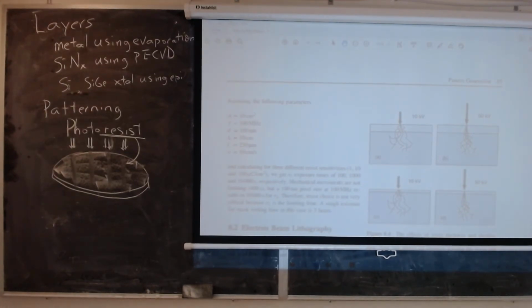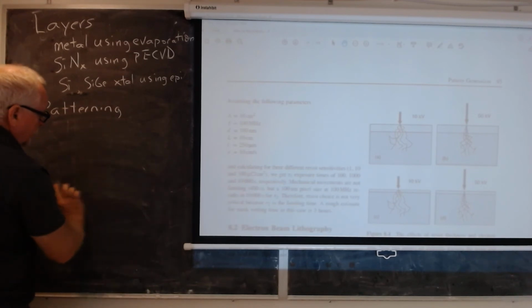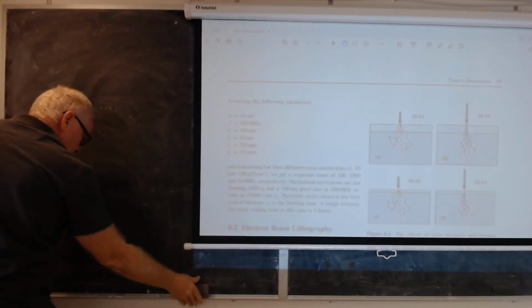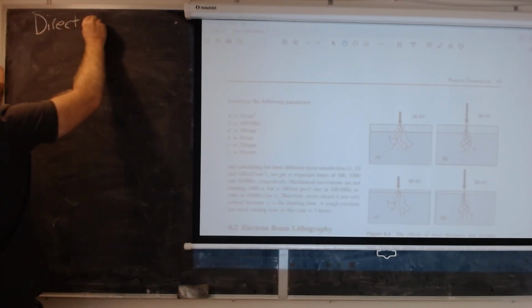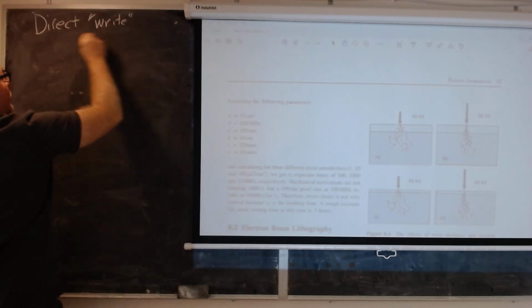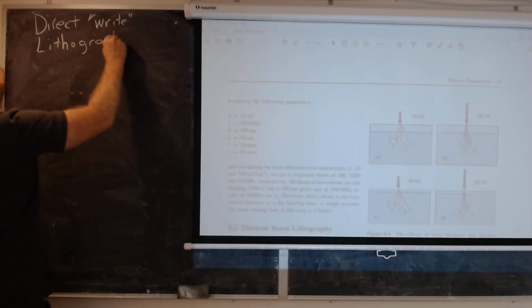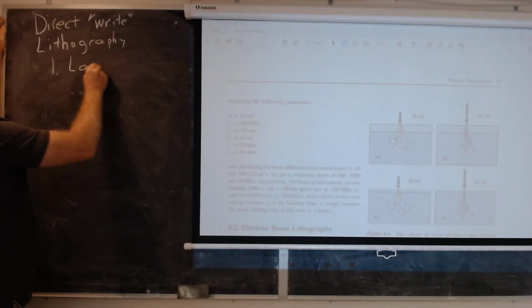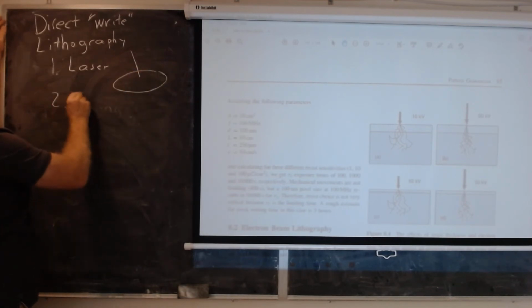And there are laser writers, direct lithography, where you basically bring down a laser beam on your resist, or you can have an electron beam.